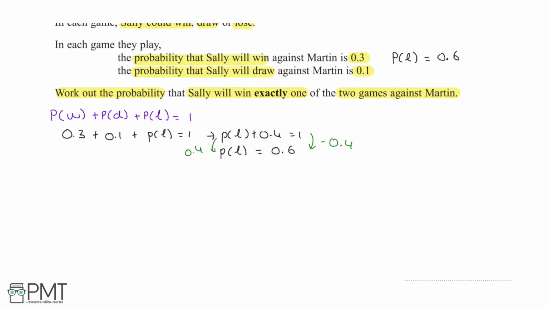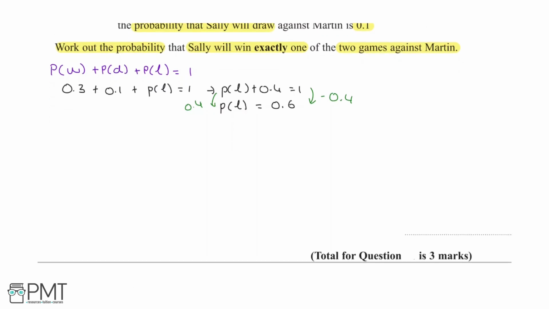Okay, now to find the probability that Sally will win exactly 1 game, we're going to draw a tree diagram, okay? And this will help us. So we will say 1, 2, 3 for each of the 3 outcomes. Then for each of these, we have 3 branches, like this and like this. So this is the first game, and this is the second game, okay?